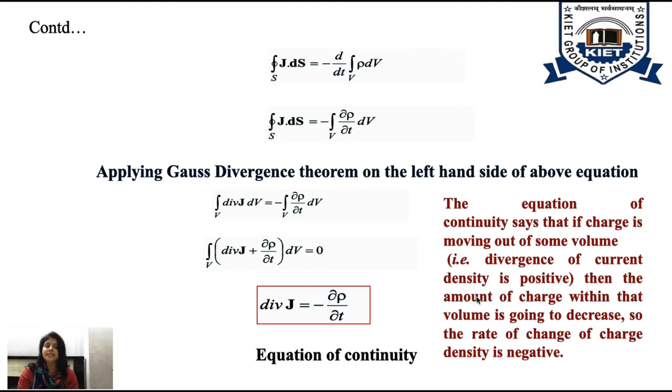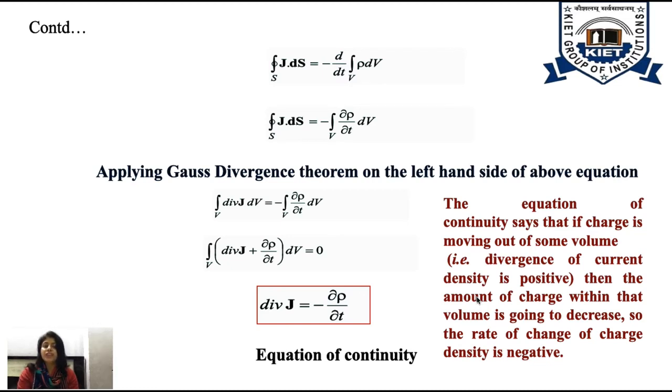This expression says that if charge is moving out of some volume, meaning the divergence of current density J is positive, then the amount of charge within that volume is going to decrease, meaning minus del rho by del t.